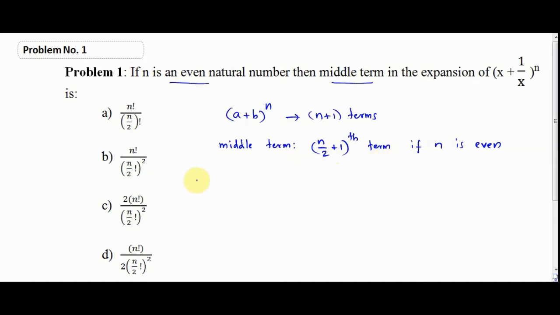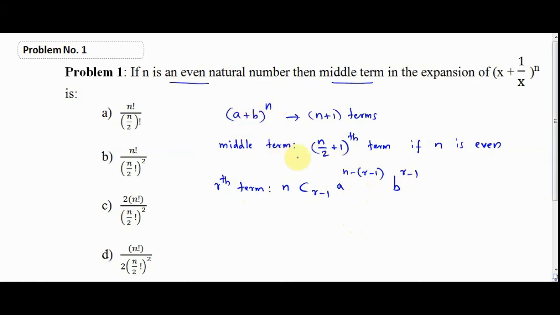And we know the expression of the rth term in the expansion (a + b)^n. The rth term is nC(r-1) a^(n-(r-1)) b^(r-1). So this is the rth term.